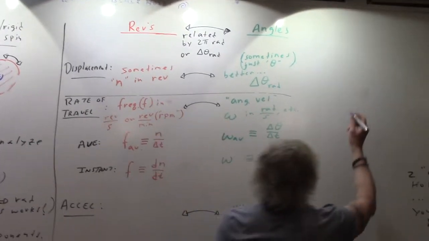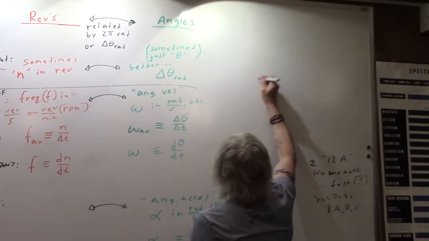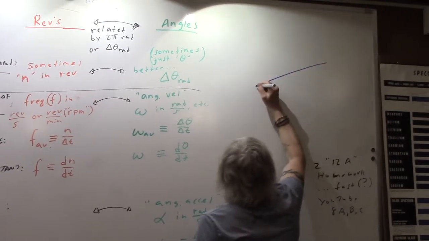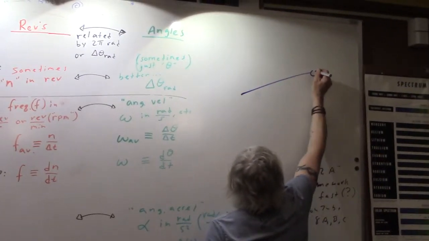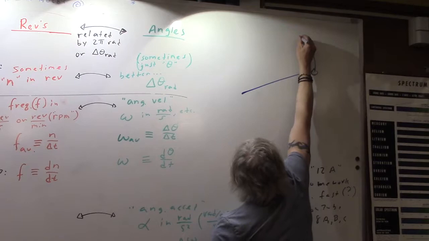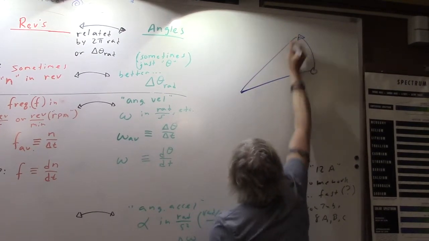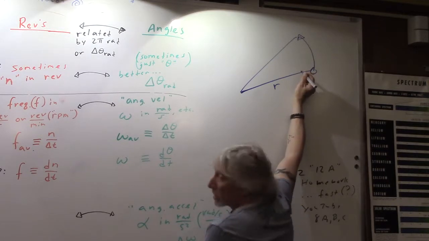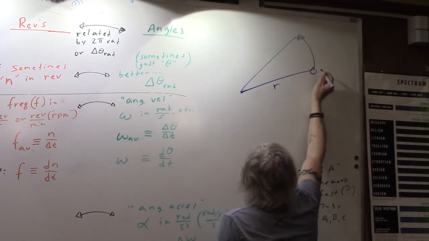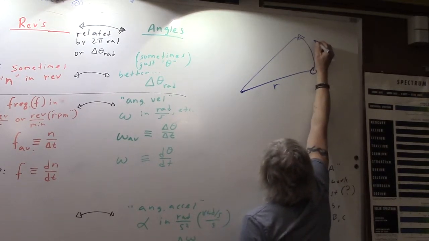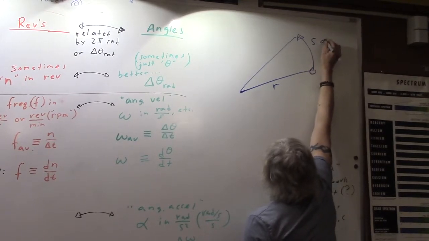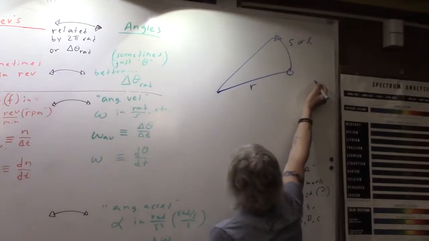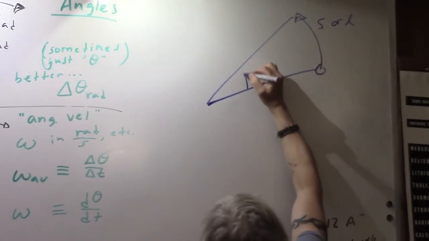So let's go over here. This picture here is really essential. If an object goes around here, and we're keeping the same radius, of course it can get more complicated than that, it travels a distance. Often the arc length can be s or l along that length.